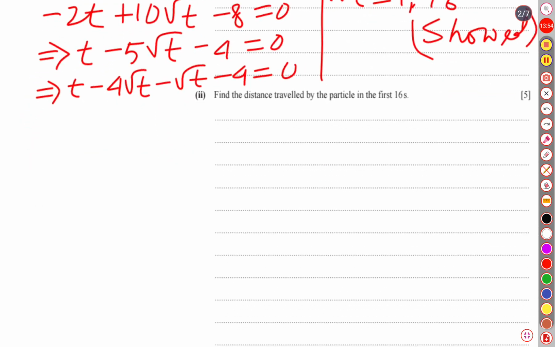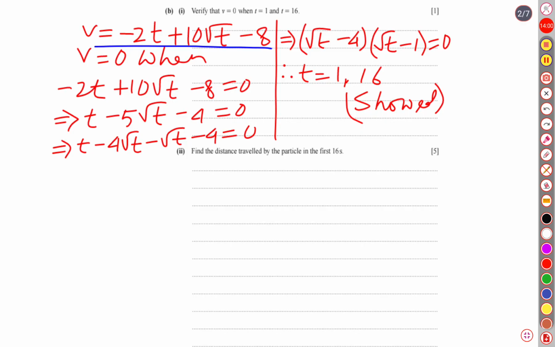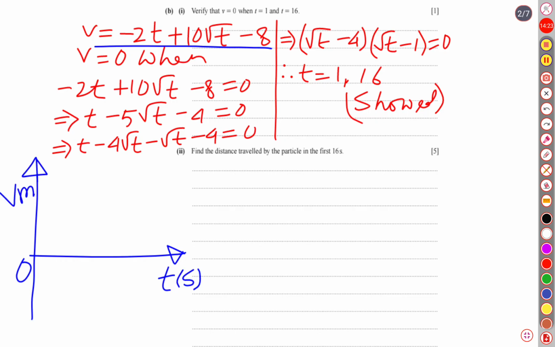After zooming it in, yes, let me draw the figure over here. t second is the horizontal axis, here 0, and the vertical axis is v meter per second.